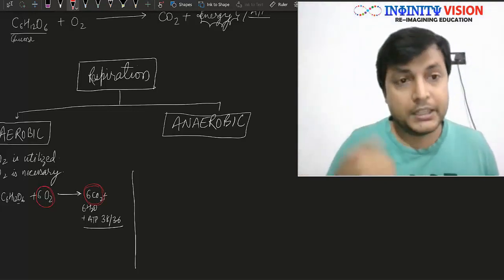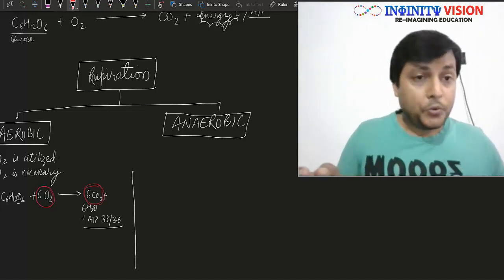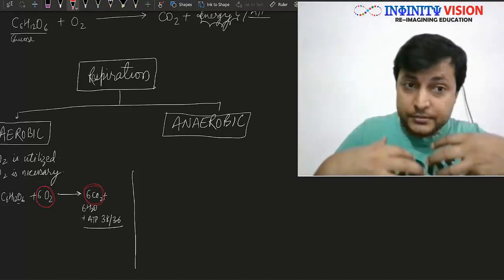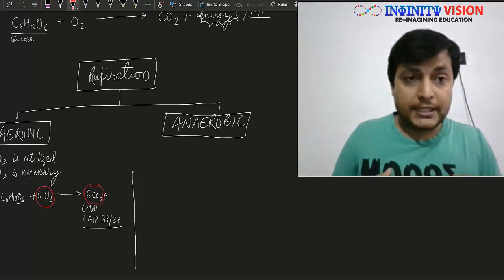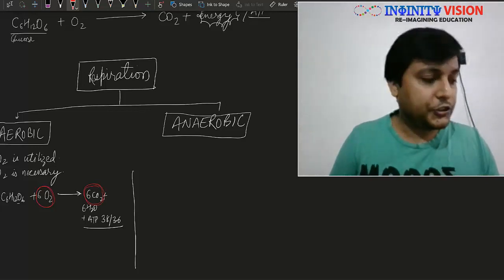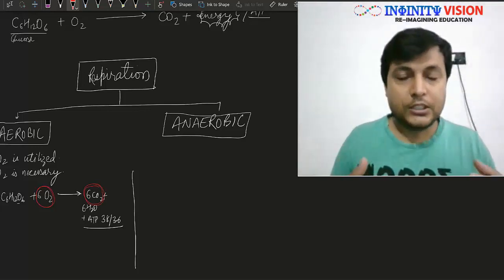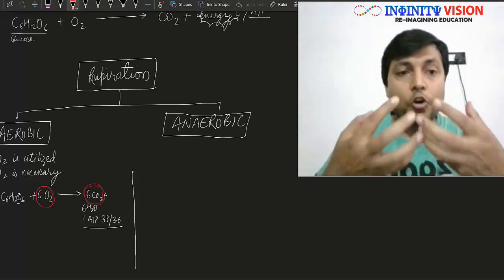One is O2 and the other one is CO2. Great. And therefore you require O2 for this reaction, and you need to remove CO2 after this reaction. Correct? And this is what we see in case of breathing, right? When you breathe air, you take oxygen.